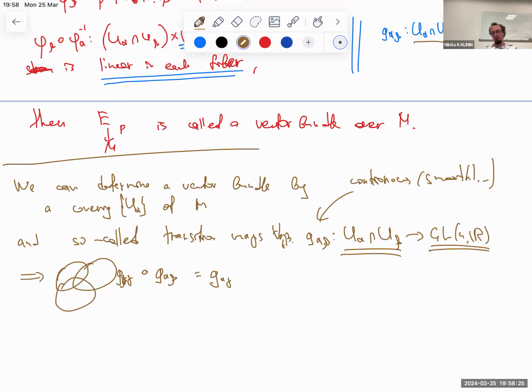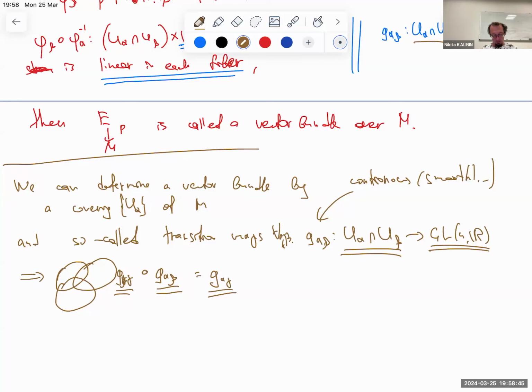Right? Because if we change coordinates when we pass from the chart alpha to chart beta, and then change the coordinates to pass to the chart gamma from the chart beta, it should be the same as if we just from the very beginning change the coordinates from the chart alpha to the chart gamma.